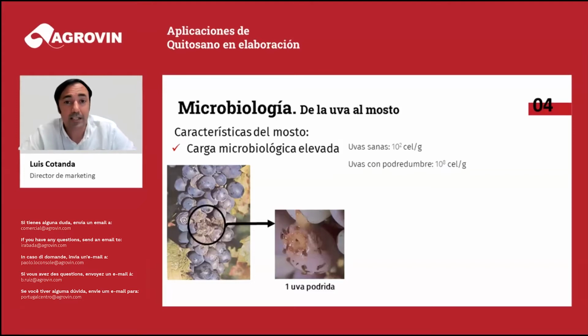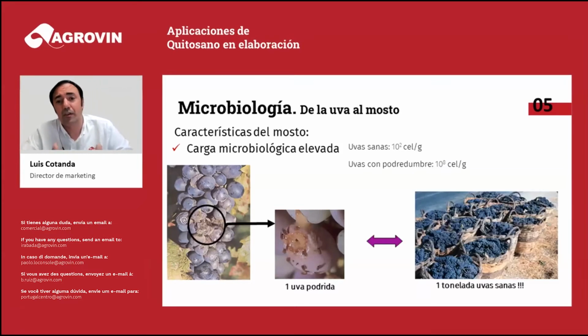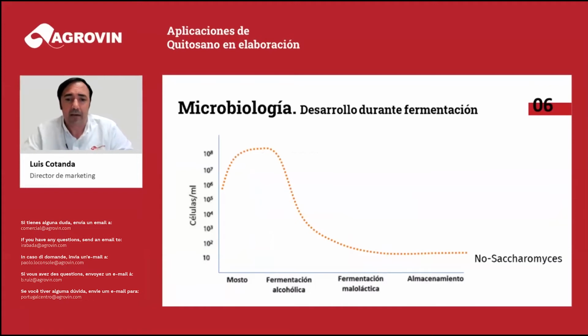It is known that the microbiological load of a healthy grape is around 100 cells per gram. However, when this grape is attacked by some type of fungi in the must, it has a population that can reach 10 to the power of 8, which means that the microbiological load of one contaminated grape is the same as the one held by a ton of healthy grapes.